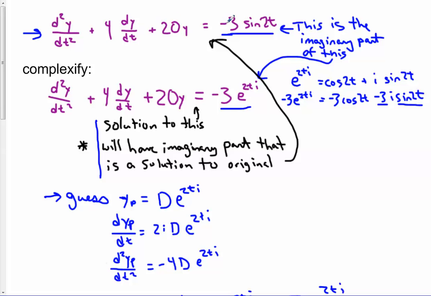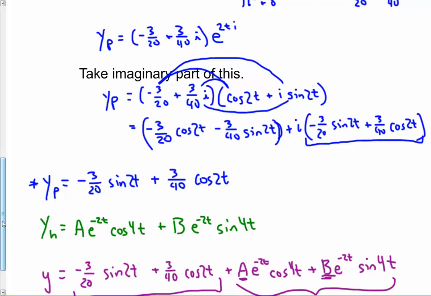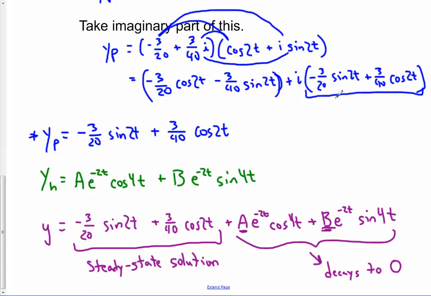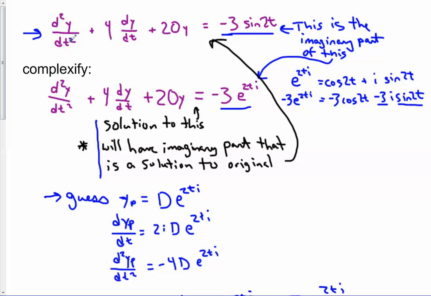Our differential equation would have been the real part of this differential equation. So when we got all the way down to the end, rather than taking the imaginary part as we did, we would have taken the real part. In fact, we've done all the work for that. That would be the particular solution to the differential equation that was minus 3 cosine 2t. Okay, so for sine, that's the imaginary part. For cosine, that's the real part.